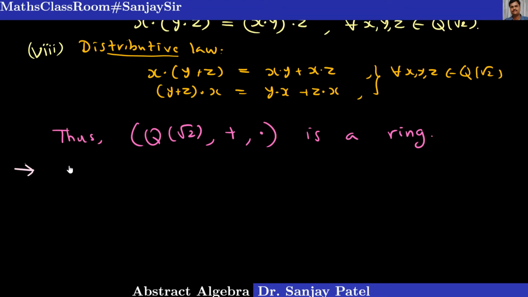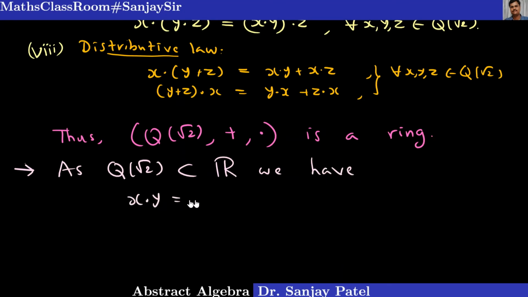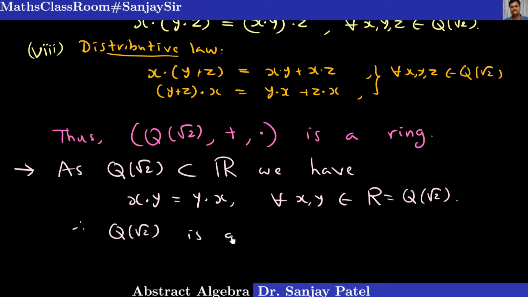So the first thing, again by the same arguments, as this Q root 2 is a subset of the set of real numbers, we have x into y is equal to y into x for all x and y belongs to the set Q root 2, that is the given ring R. So therefore I can say Q root 2 is a commutative ring.